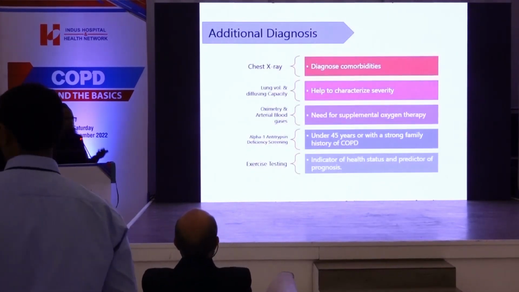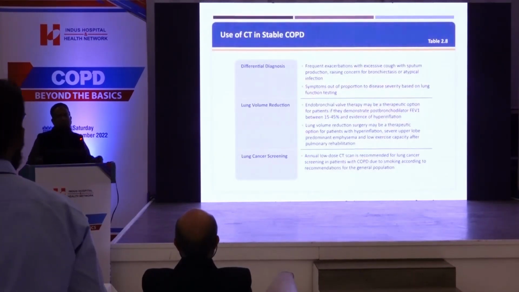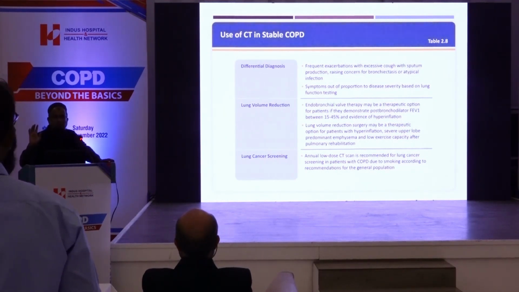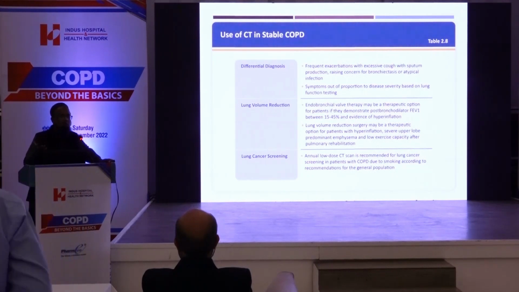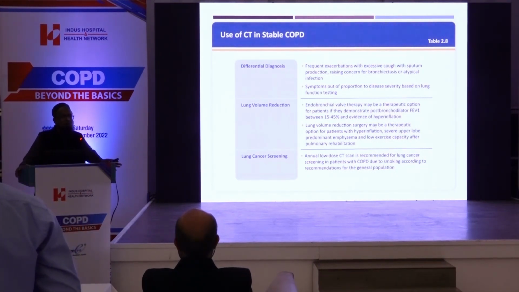Sometimes you need additional diagnostics, and for the first time the role of CT scan has been described, because previously there was never a CT for COPD. Now, when should you get a CT? If a patient comes with recurrent infections, think of bronchiectasis, do a CT scan because it will change the management. If symptoms are disproportionate to spirometry, do a CT scan to rule out other things.